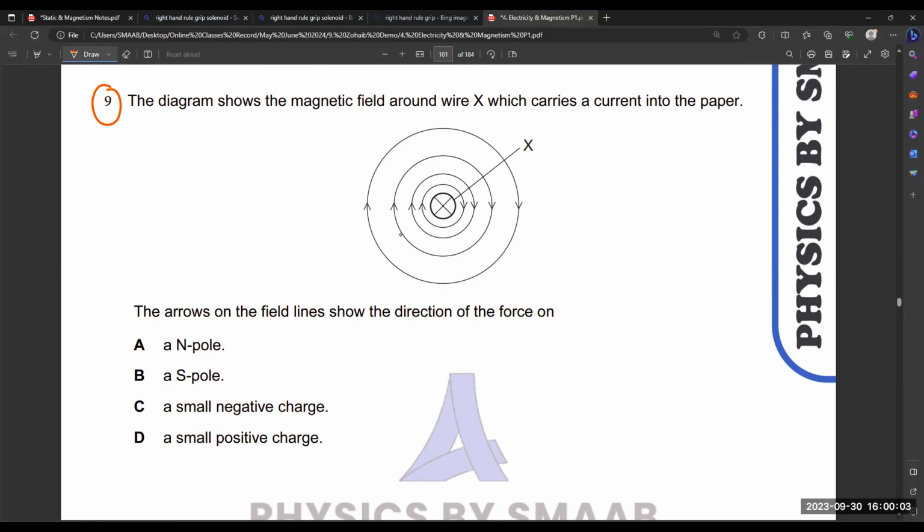You can see they ask with reference to into the paper and out of the paper. The arrows on the field lines show the direction of the force on a north pole, right?